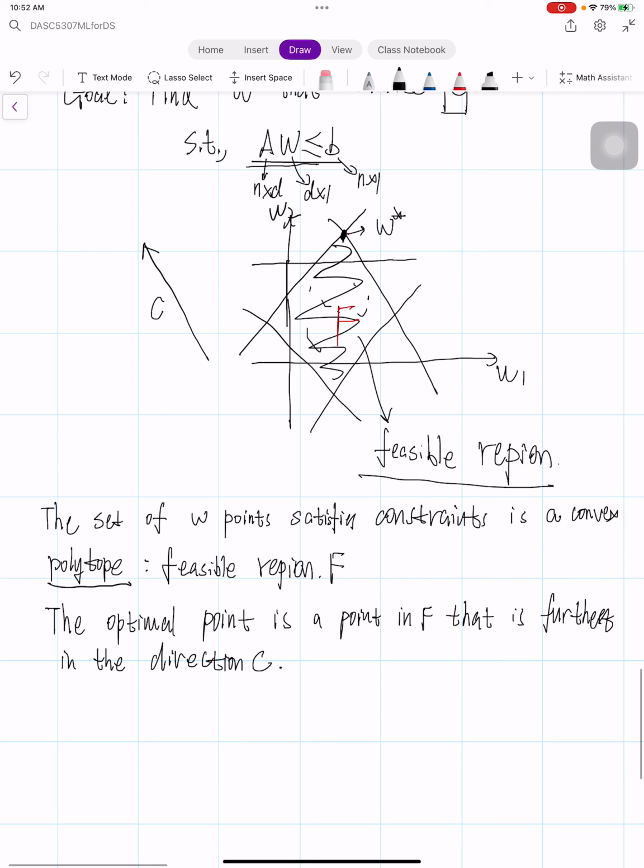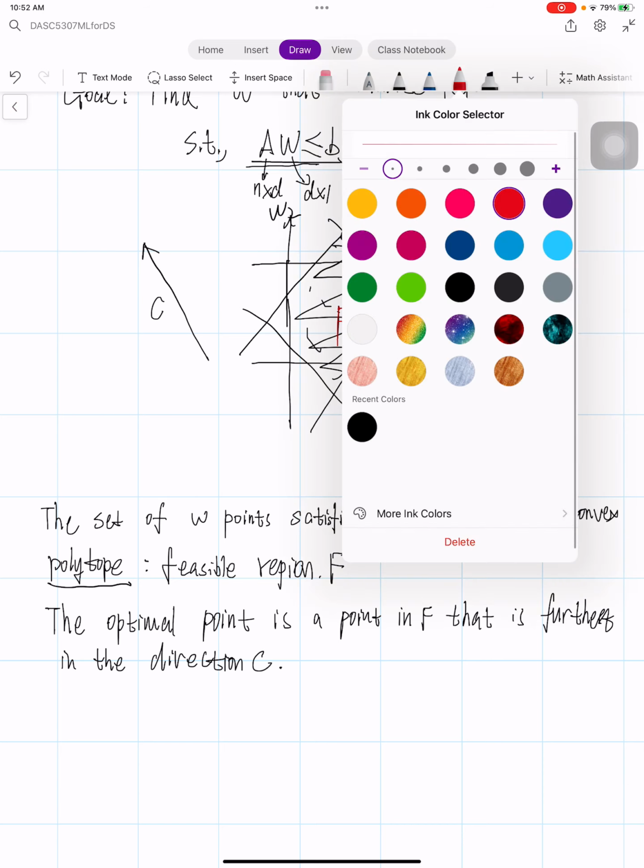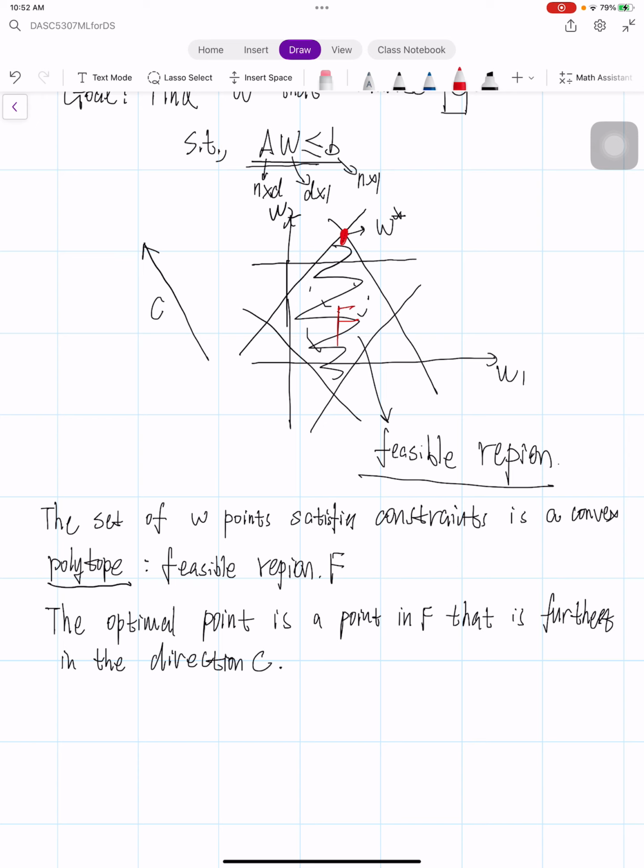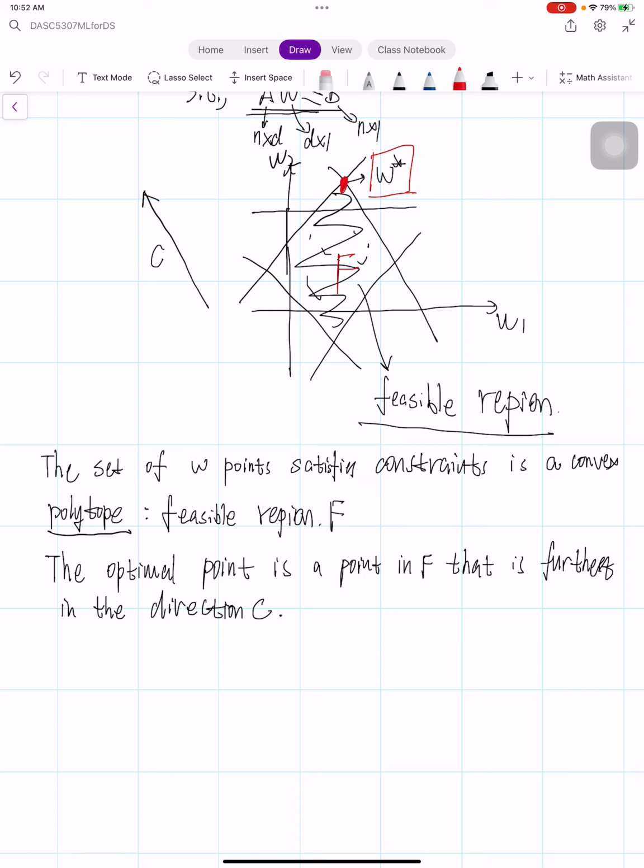For example, in this example, this is our solution for this linear program, satisfying all the constraints. The optimum achieves equality with some constraints, called active constraints. For example, in this case, we have two constraint boundaries that this optimum point crosses. So these two conditions are called active constraints.